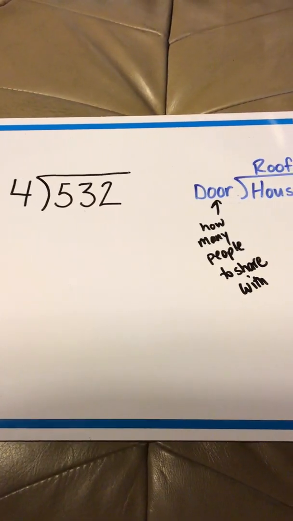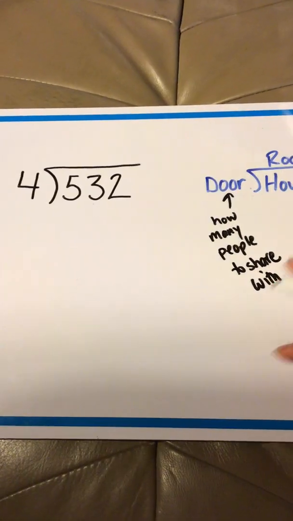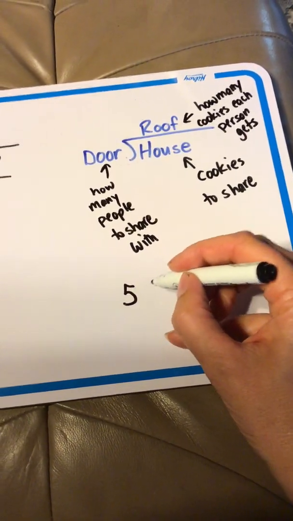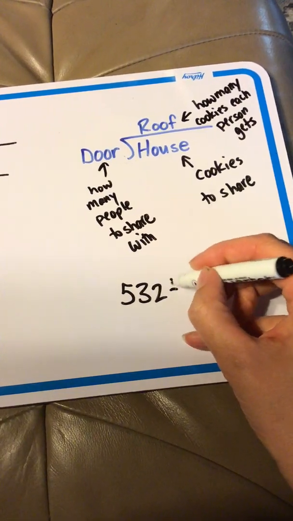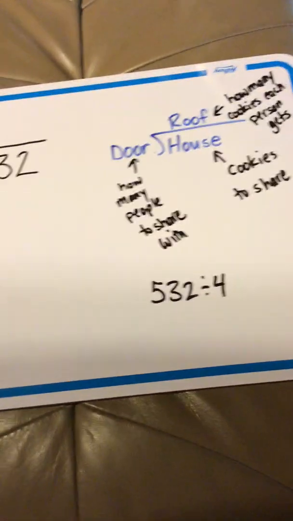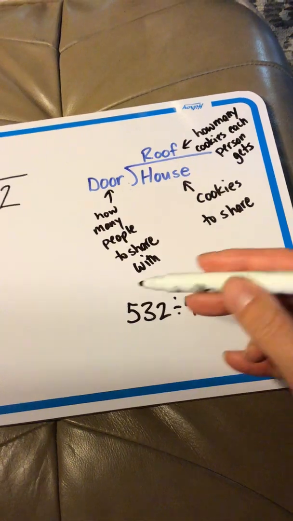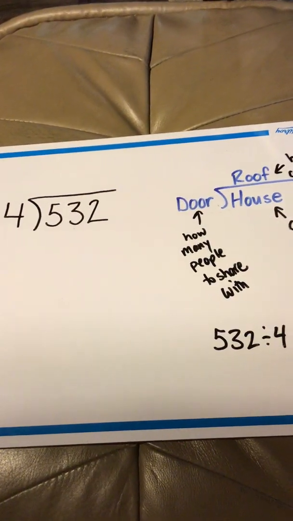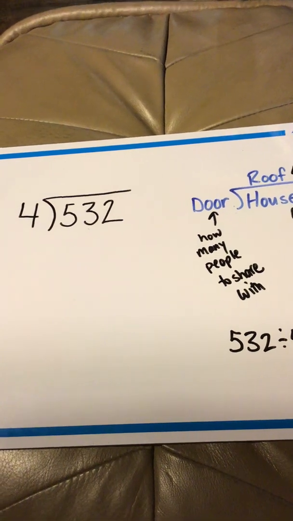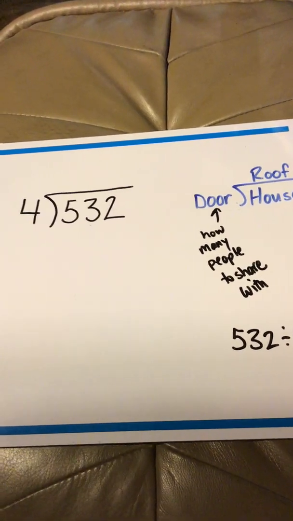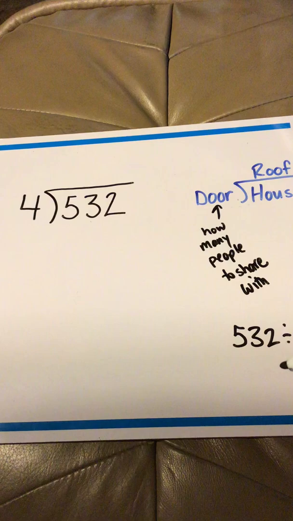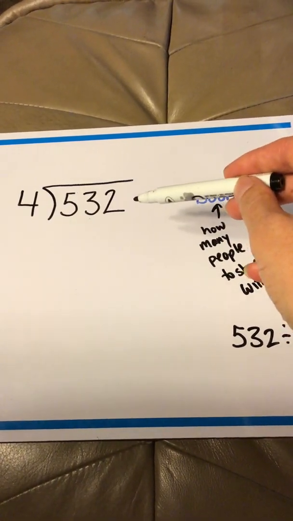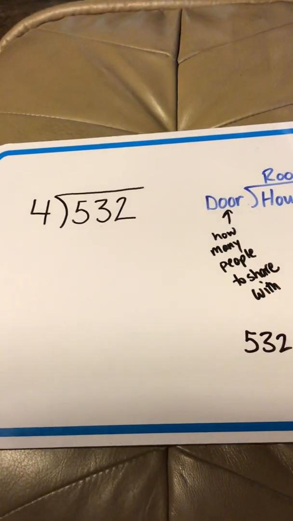If we say 532 divided by 4, then that makes more sense. But it's harder for us to figure out the answer, whereas this little division house is going to help us. So even though it's written this way around, we're going to say the number in the house first. So we would say 532 divided by 4.